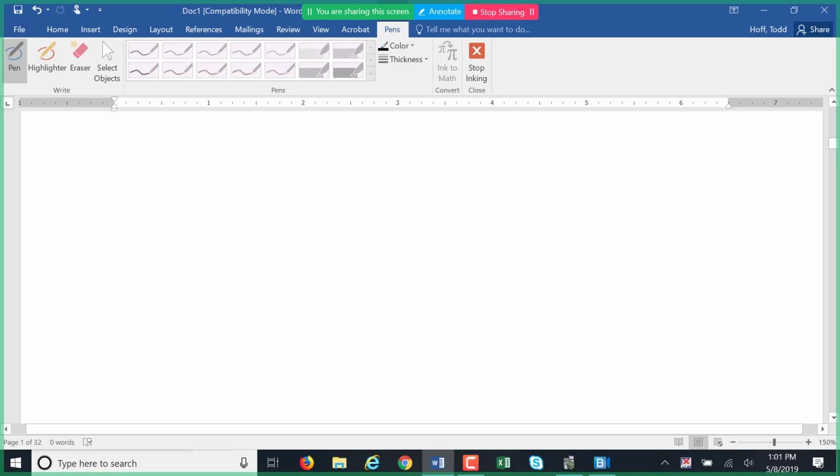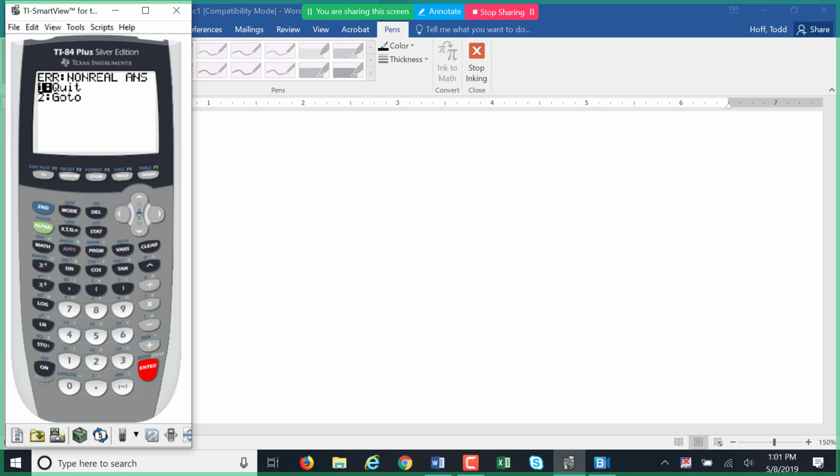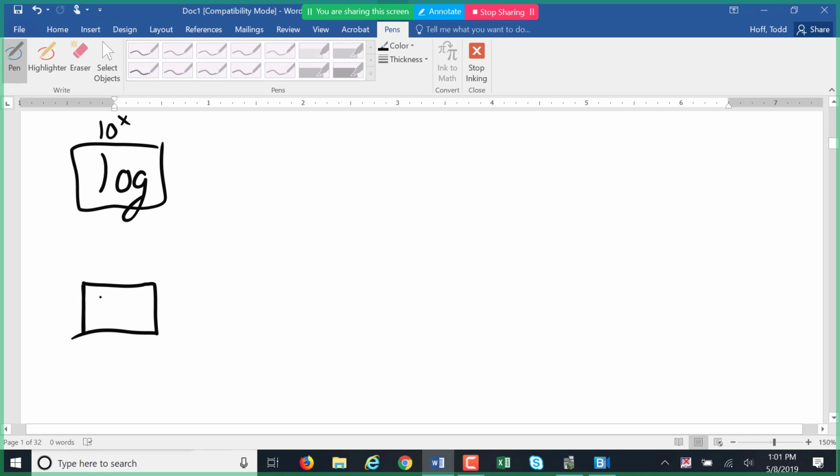On your calculator, you will notice on the log key, there's a second function above it that's 10 to the x. At least on most calculators, that's how it's set up. On the ln key, the second function above it is e to the x.